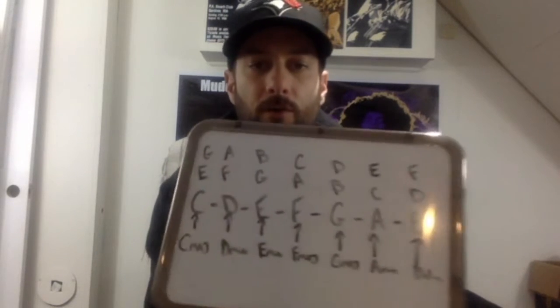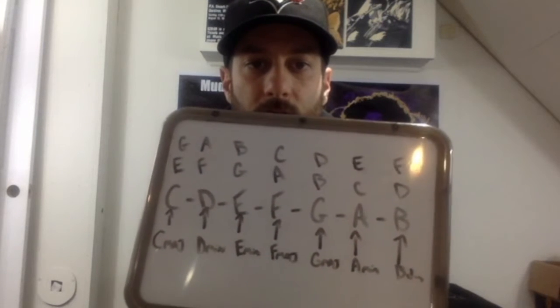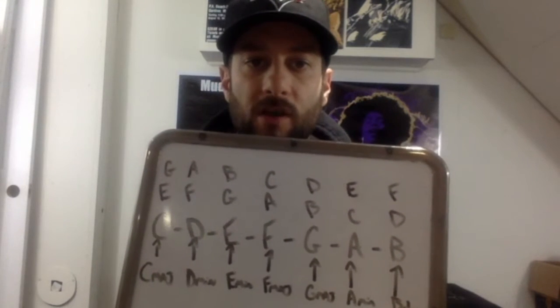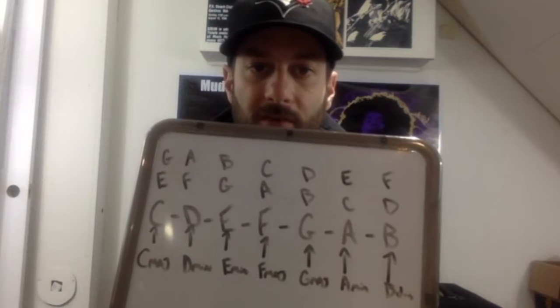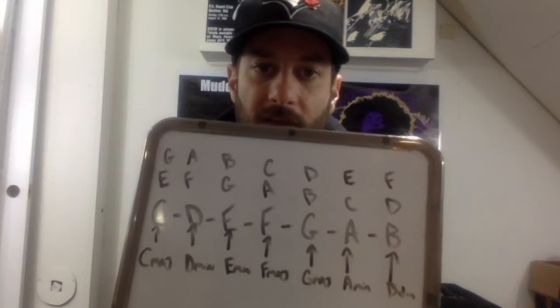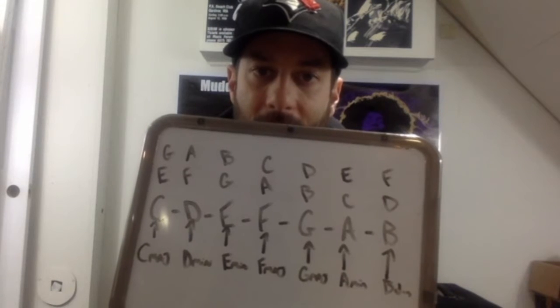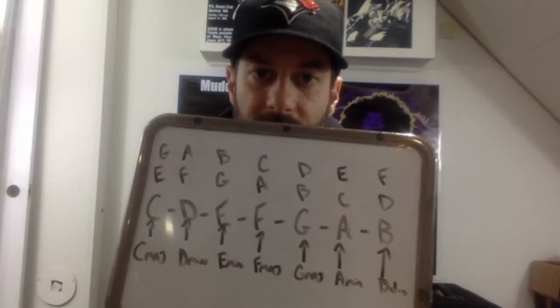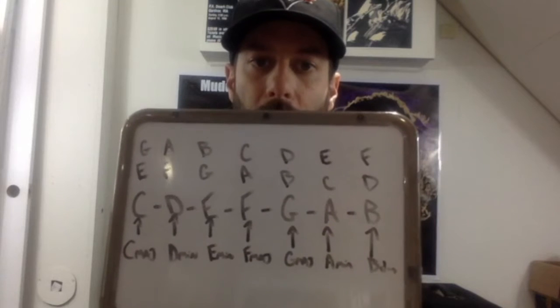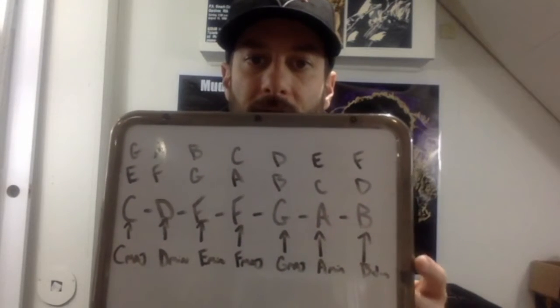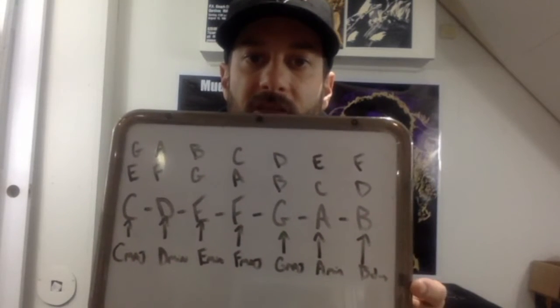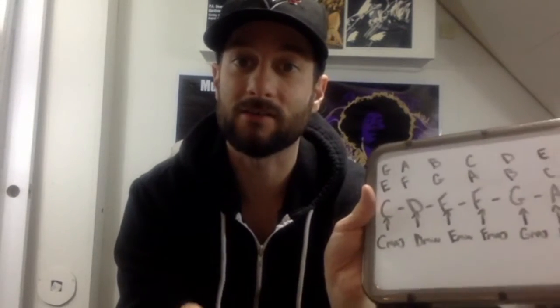Okay, so what we end up getting is we have our major chords on the 1, 4, and 5. So we have our C, F, and G major. Our minors are the D, E, and A. So the 2, 3, and 6 chords of the scale are all minor chords. And then our seventh chord, the B, is a B diminished, and we'll talk about what makes these chords what they are.